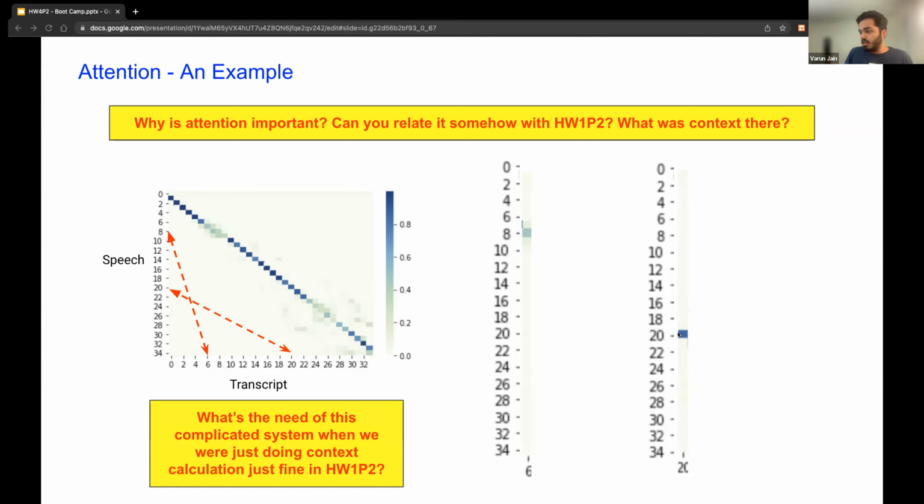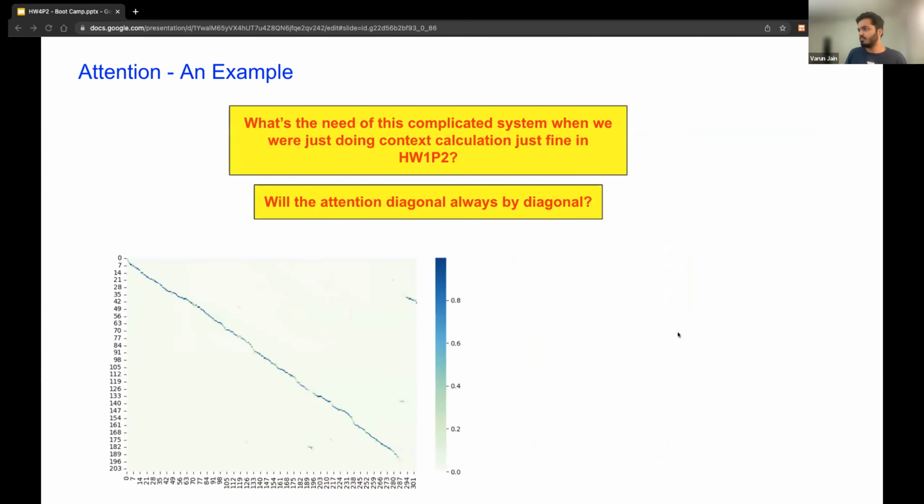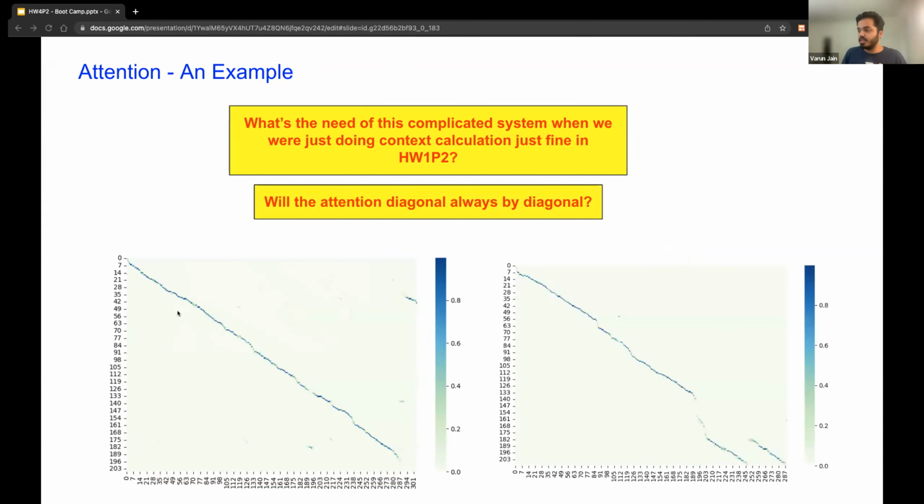We are doing this complicated system because the attention diagonal will not always be a diagonal. Once the sequence lengths start getting longer, you'll realize that the attention diagonals are often not diagonals, because you will have pauses in the audio signal, and the speech will dip for that particular sequence.